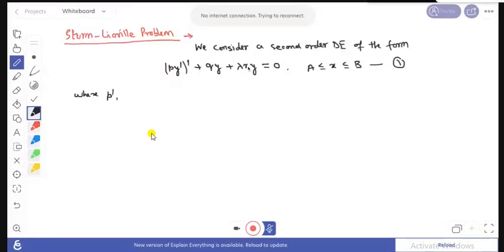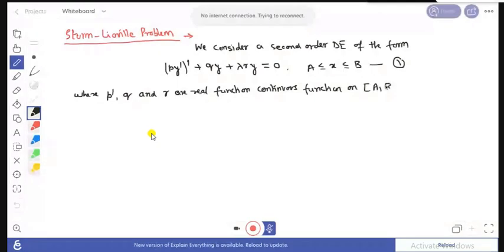Here q and r are real valued, continuous functions, which are defined on this closed interval [a, b].